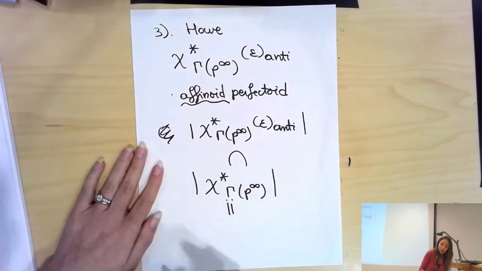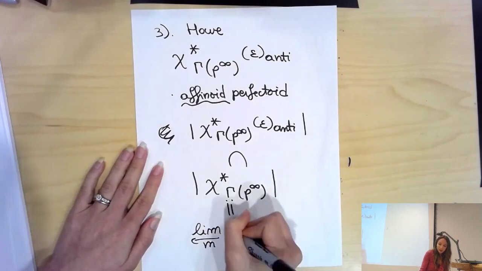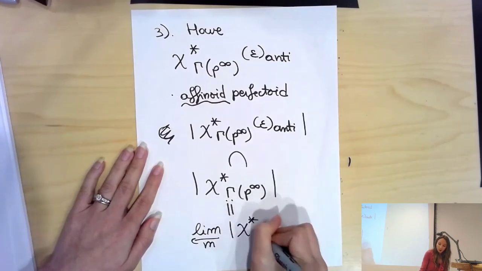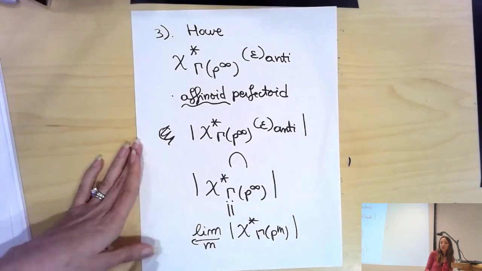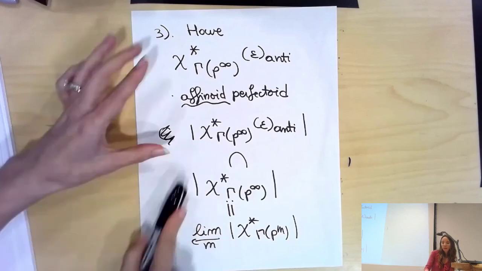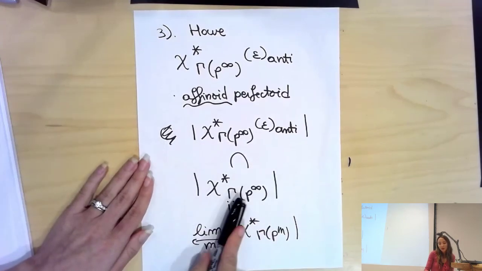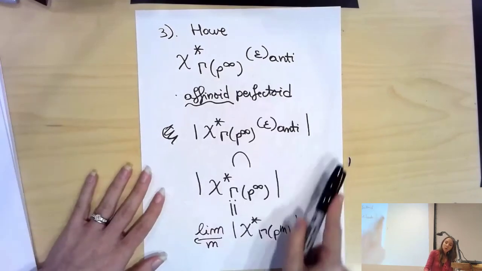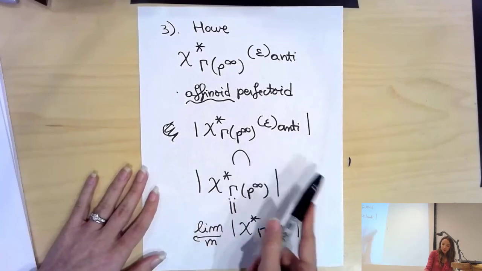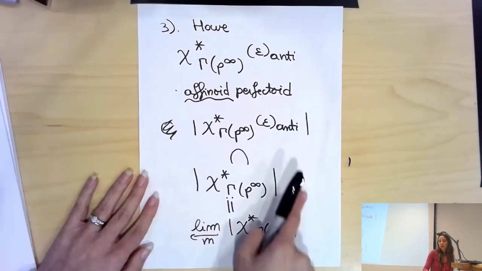On the level of topological spaces it's just the inverse limit. So the candidate space already exists. You just take the inverse limit of the topological spaces at finite level. So you have a perfectoid structure on some open inside the space that you're interested in. And then the next thing to do is to use a group action, the group action of GL_2(Q_p), to translate this perfectoid structure to cover the entire space.